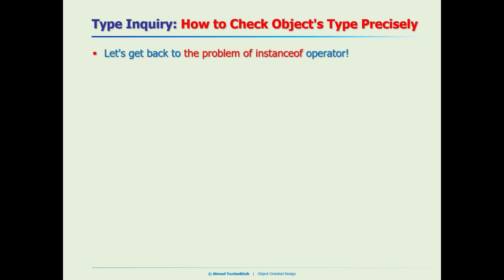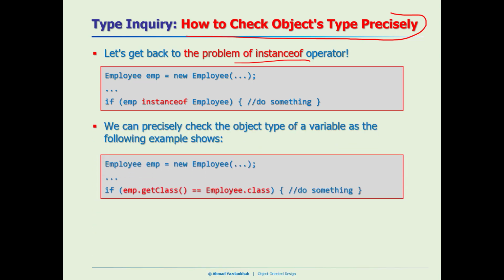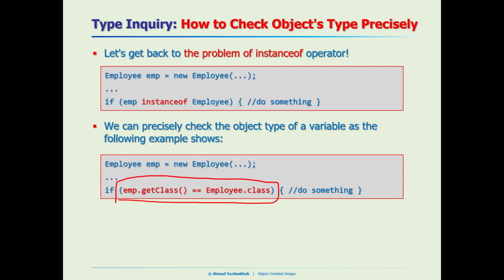So let's now get back to our problem. We were looking at checking the object's type precisely, and we said that instanceof is a good operator, but it does not give us the precise answer. So now, after this introduction about the class, we can use that knowledge, and here is how we can precisely check whether the type is Employee or not. This is the instantiation of the employee.